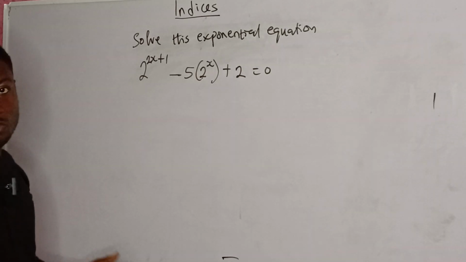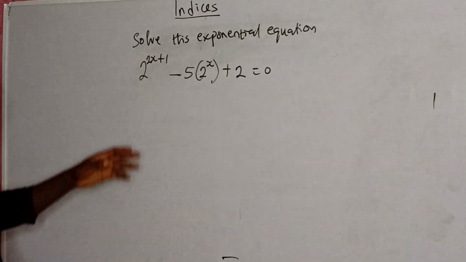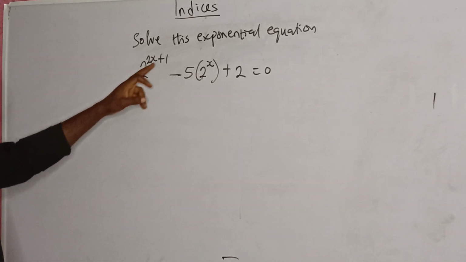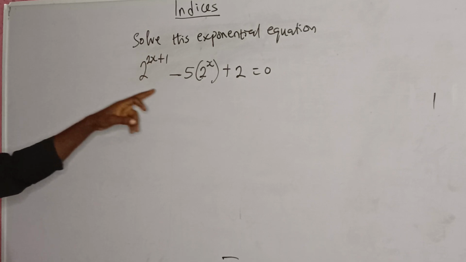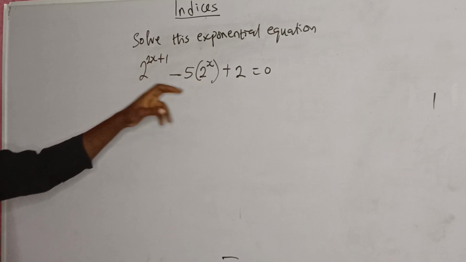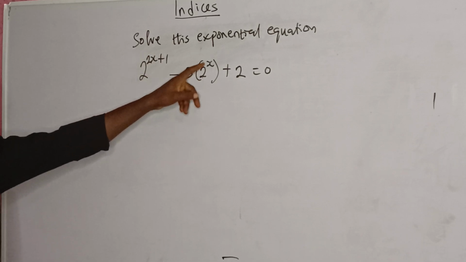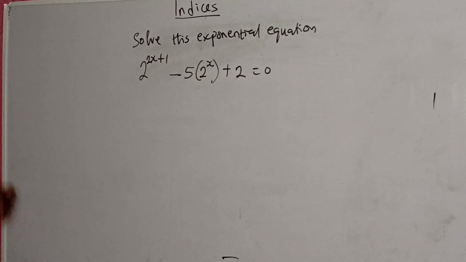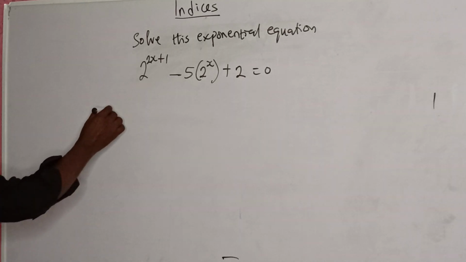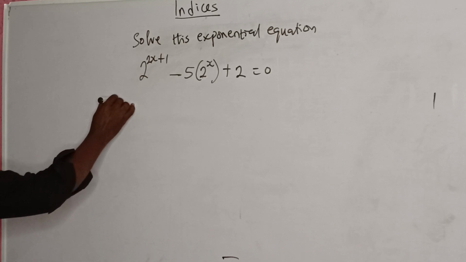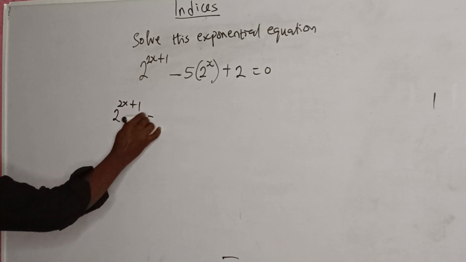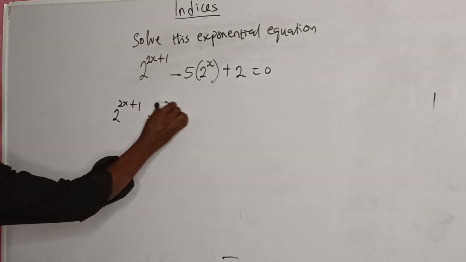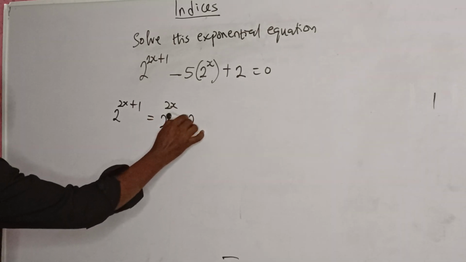Now, for you to solve this equation, you have to make this first indices side look like this bracket side. You must express this 2 to look like this 2 power x. Remember that in indices, 2 power 2x plus 1 can also be expressed as 2 power 2x times 2 power 1.